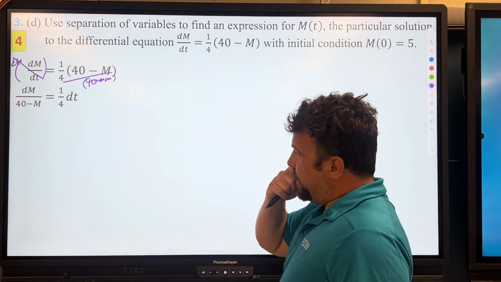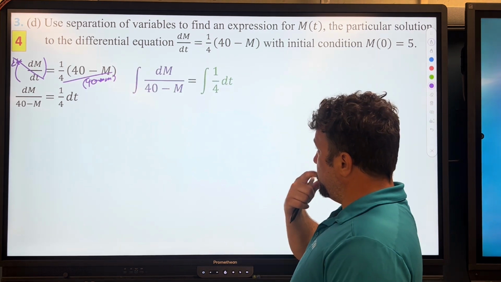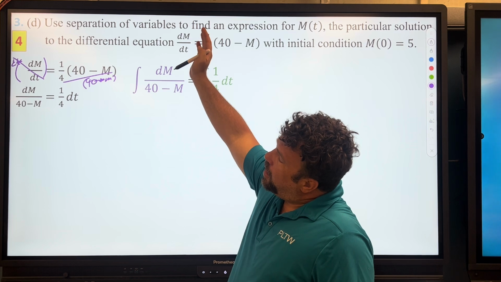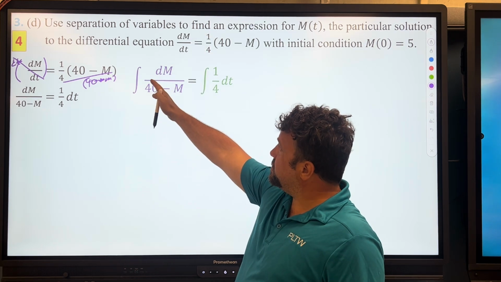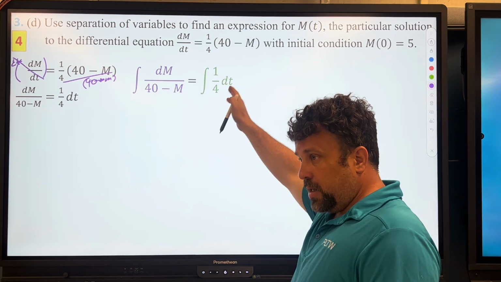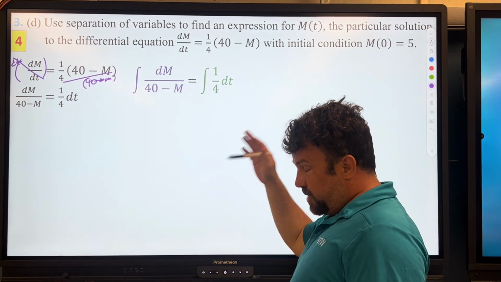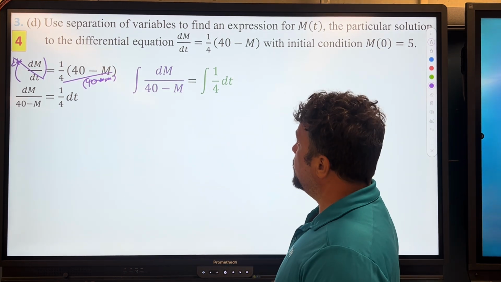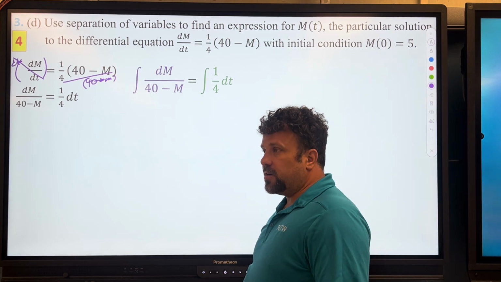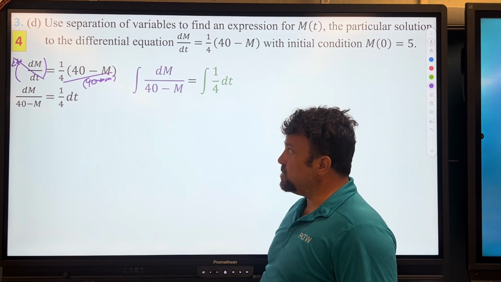Now, I could integrate both these sides. So I'm going to integrate this side in terms of m, this side in terms of t. Because I'm doing that, the variables match up. It'll get rid of all the dm and dt's and all that fun stuff. This one you should know how to integrate. You're going to use your substitution method.